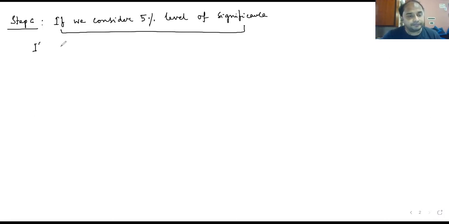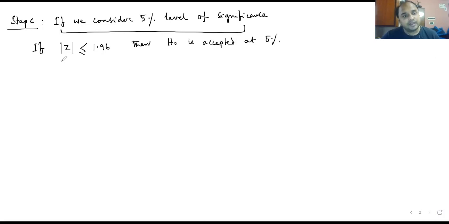If your modulus Z is less than or equal to 1.96, then H0 is accepted at 5% level. If your mod Z is greater than 1.96, then your H0 is rejected at 5% level. This is the first part.